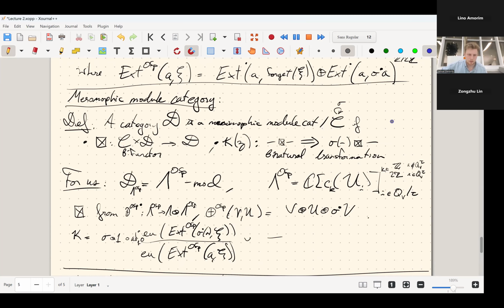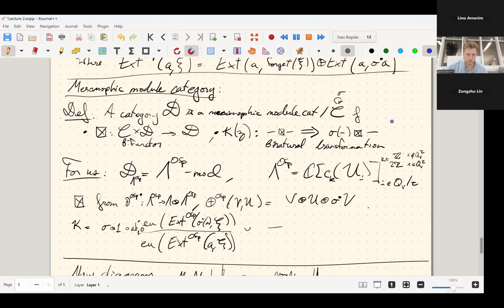So these are required to satisfy the obvious identities. And for this kappa, it's supposed to be this reflection equation with spectral parameter that we wrote down last time.